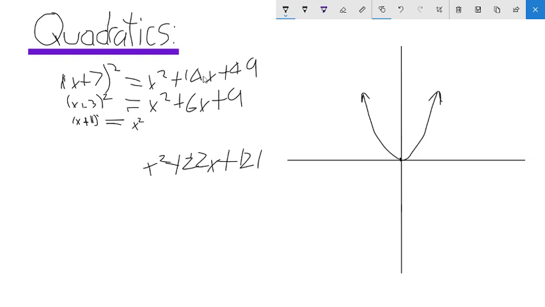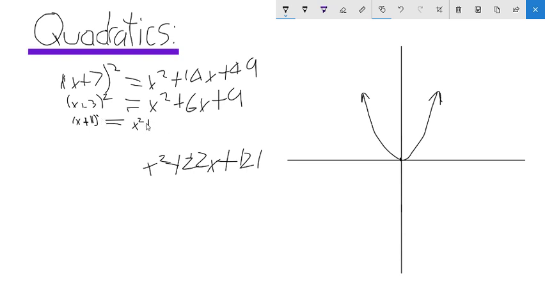I see that if you divide 14x over 7, you're going to get 2x. If you divide 6x by 3, you're going to get 2x again. If you do 22x over 11, you're also going to get 2x.